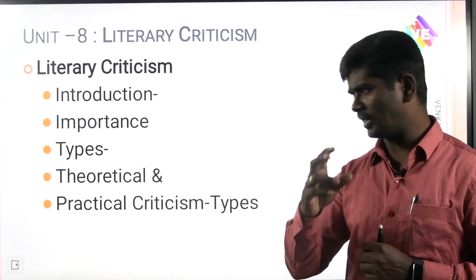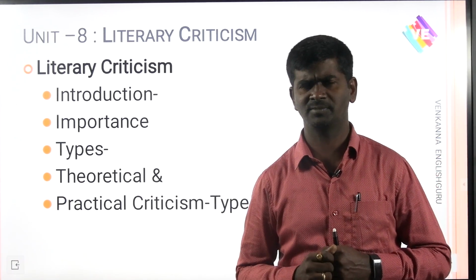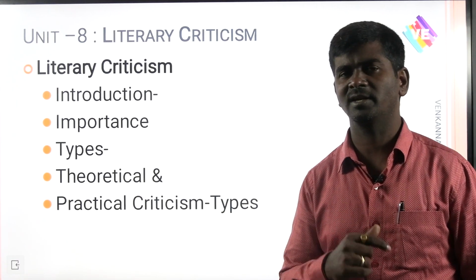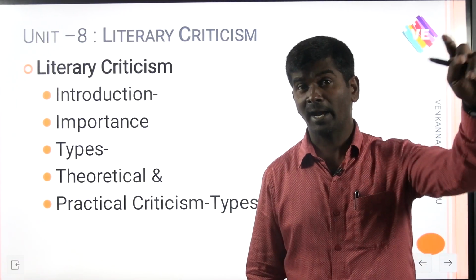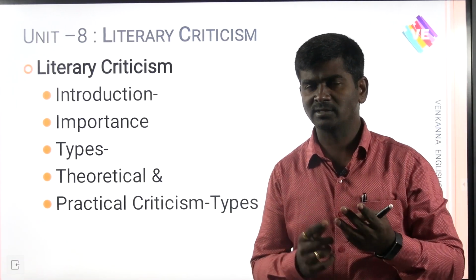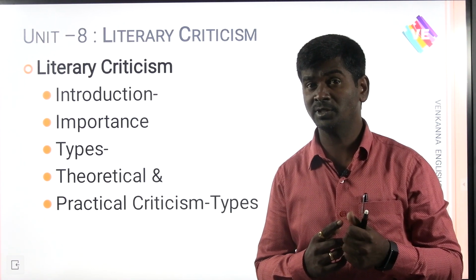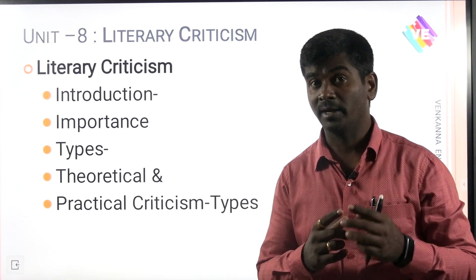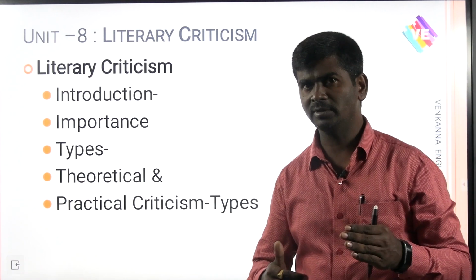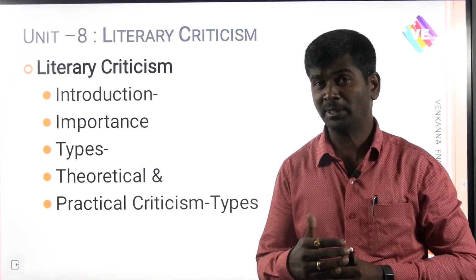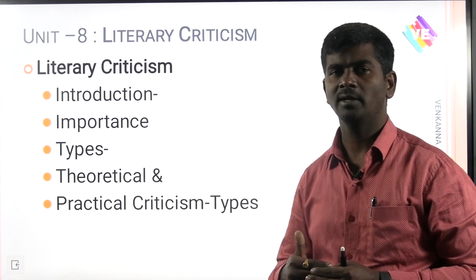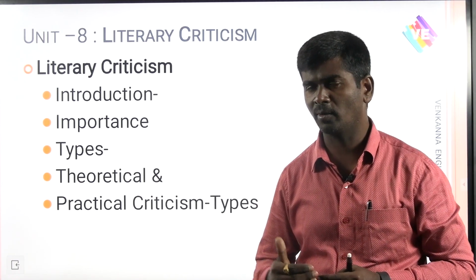Broadly, you can say there are mainly two important criticisms: theoretical criticism, practical criticism. Theoretical criticism, if you focus on writers like Aristotle, Socrates, Plato, Longinus, Horace, next Pindar, and the writers like John Dryden or Ben Jonson, Robert Greene or S.T. Coleridge or Matthew Arnold.